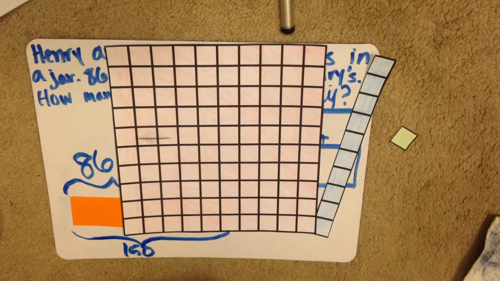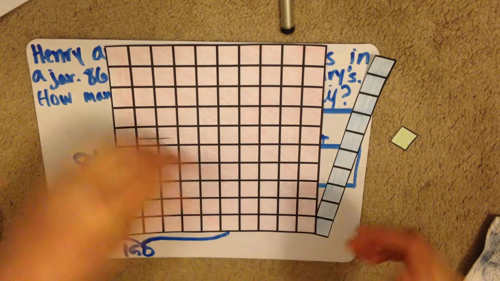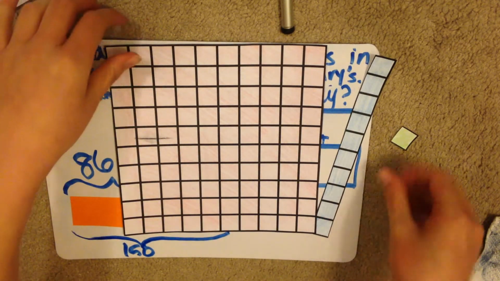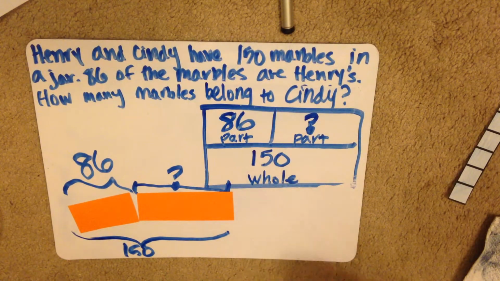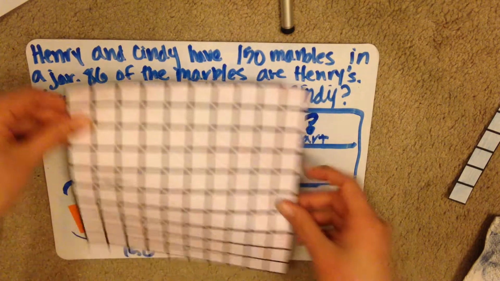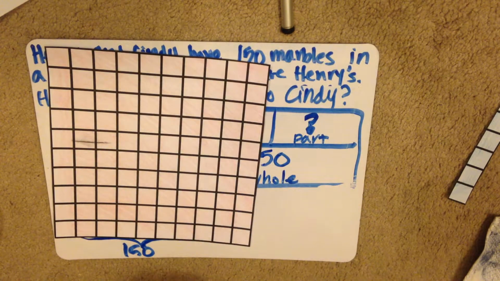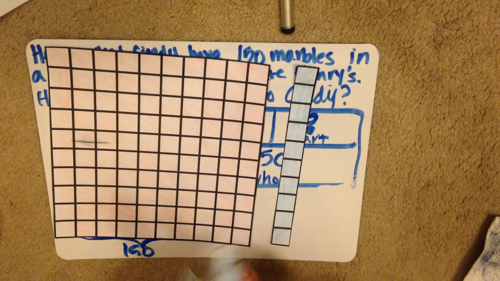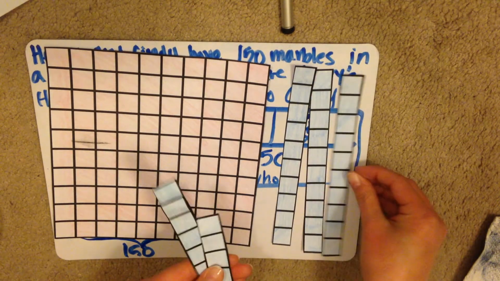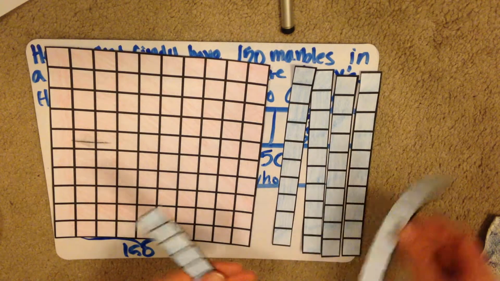So let's go ahead and construct our whole, because this is what we need to start with. And it says for our whole, we have 150 marbles. So let's go ahead. We have 150. For our 50, we need 5 longs. 1, 2, 3, 4, 5.